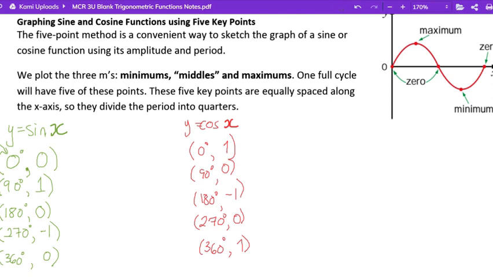So 0, 1, 0, -1, 0, 1, 0, -1, right? Just goes back and forth forever and ever. So these are the key points. Do you remember how we use these? We will create an equation using mapping notation. Do you remember that thing from way back when? And we will transform these key points using mapping notation to figure out how the sine and cosine curve transform. Yeah. Is this cool?